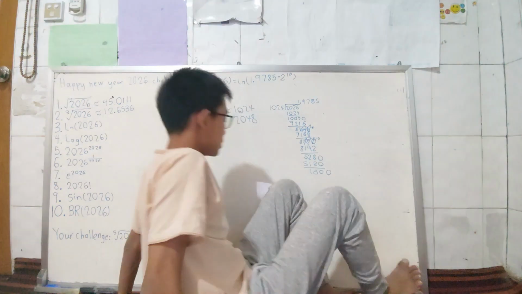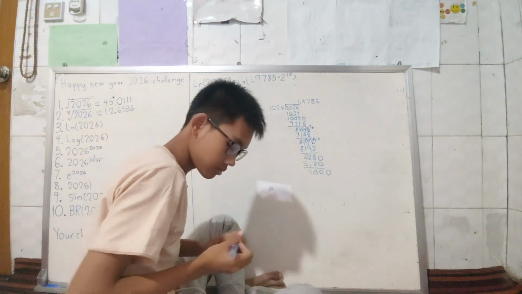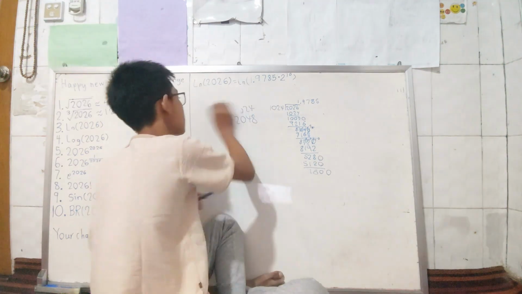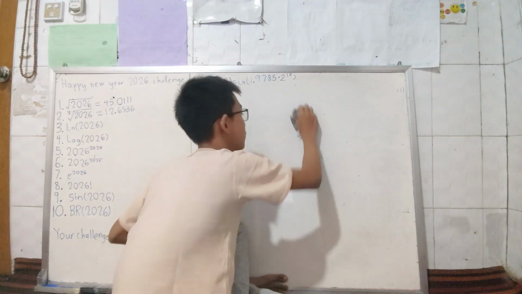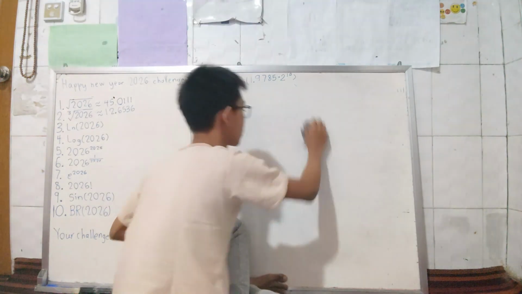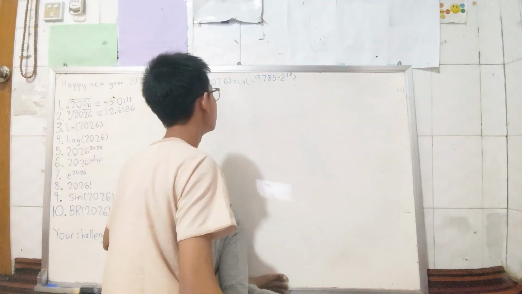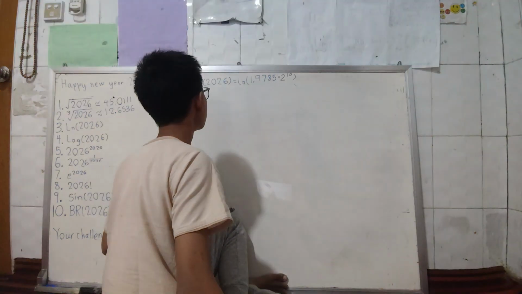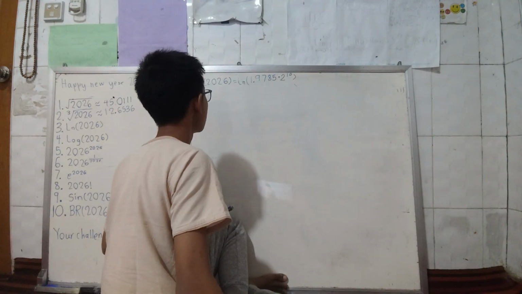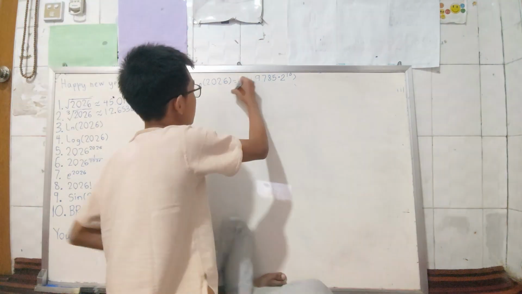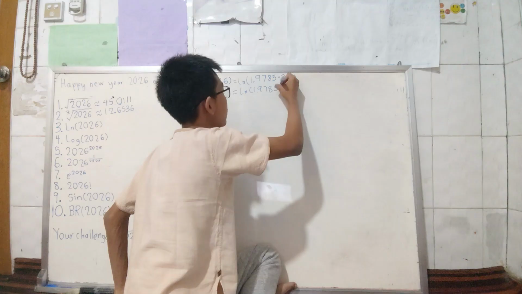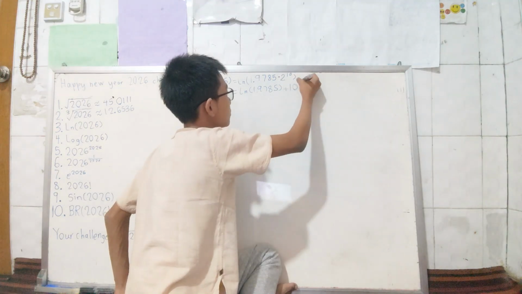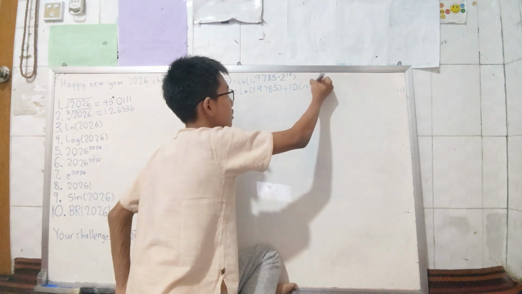So we're gonna use something called the natural log. So that's gonna be the natural log of 1.9785 plus 10 times the natural log of 2.